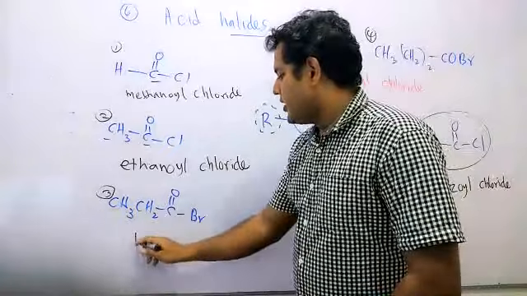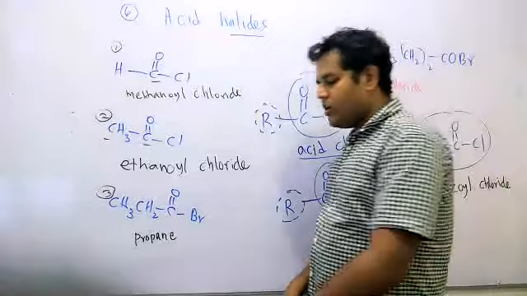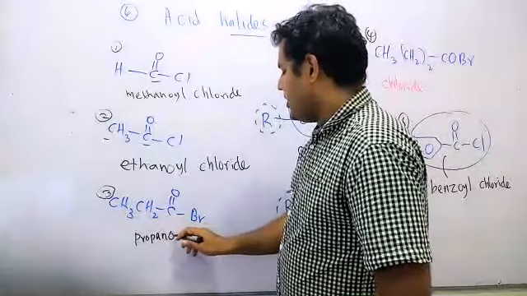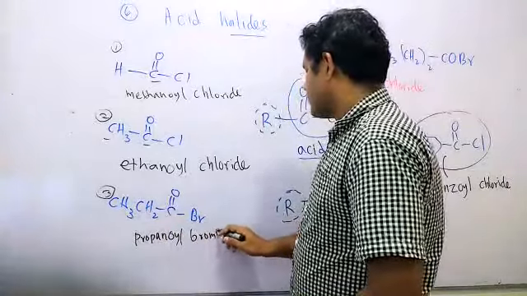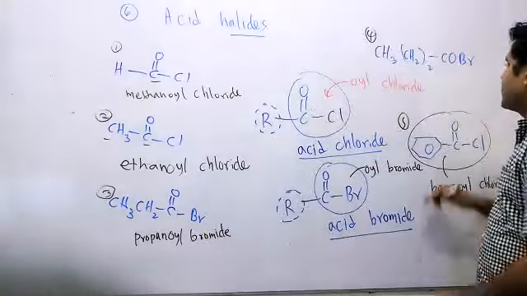The alkane is propane. So just consider the relevant alkane and add the suffix oyl chloride or oyl bromide. Remove the E: propanoyl bromide.